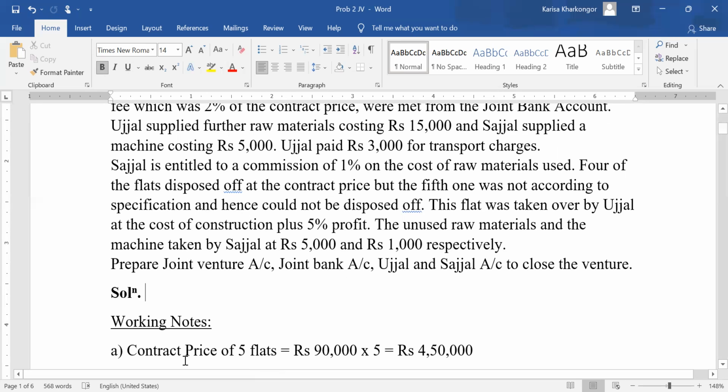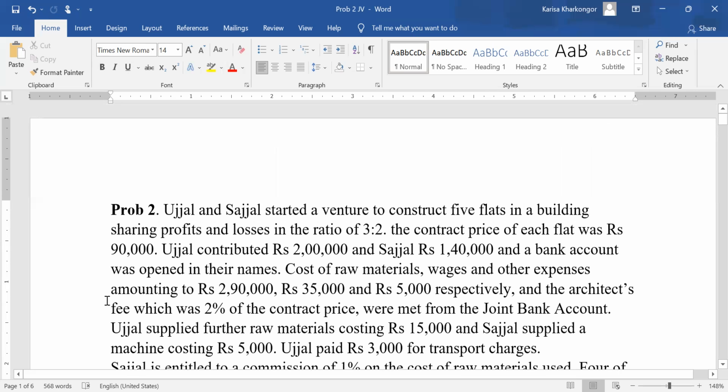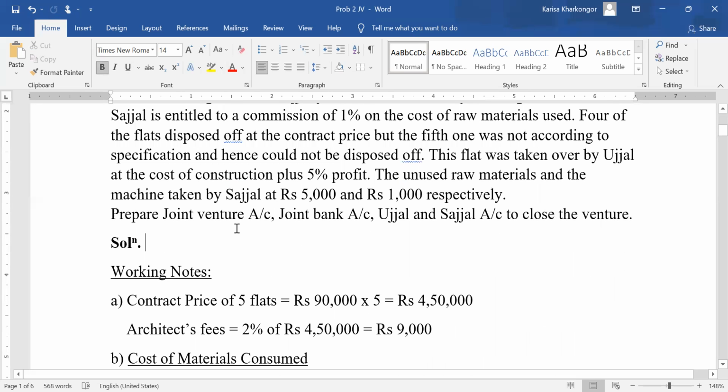First, we will find out the contract price of 5 flats. Given in the question, the contract price of each flat was rupees 90,000. So the contract price of 5 flats will be rupees 90,000 into 5, which will be rupees 4,50,000.